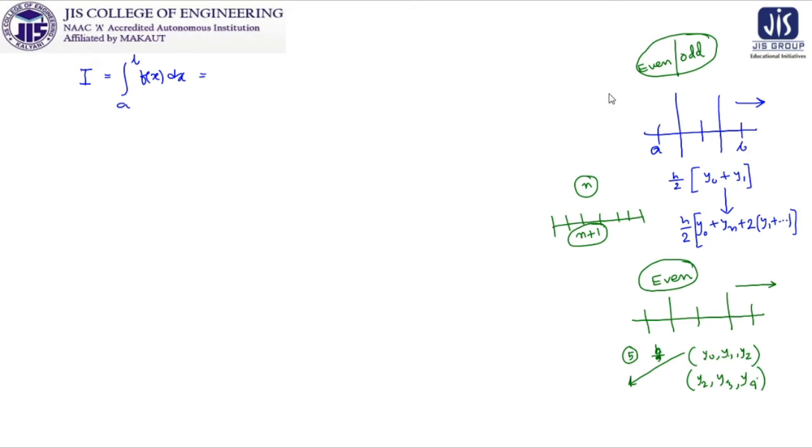Keeping this in mind, we have the formula h by 3 times y0 plus yn plus 4 into (y1 plus y3 plus so on) plus 2 into (y2 plus y4 plus so on).